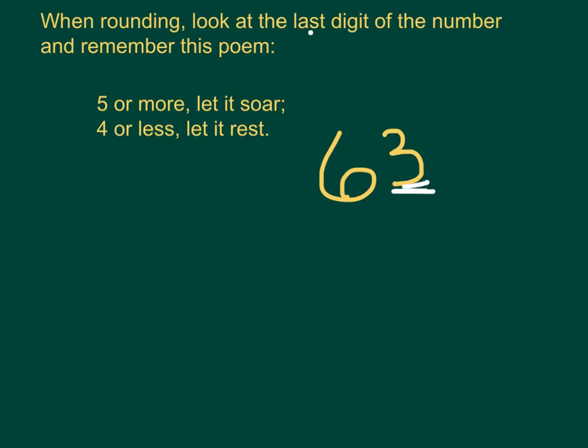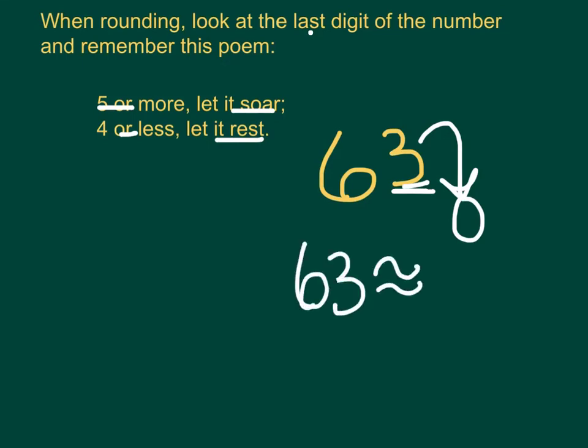Now, this last digit, if it's 5 or more, it's going to soar higher. If it's 4 or less, it's going to rest. So look at that 3. Is this 5 or more? No, it's 4 or less. So this will go back down to 0 and rest. So 63 rounds to 60.